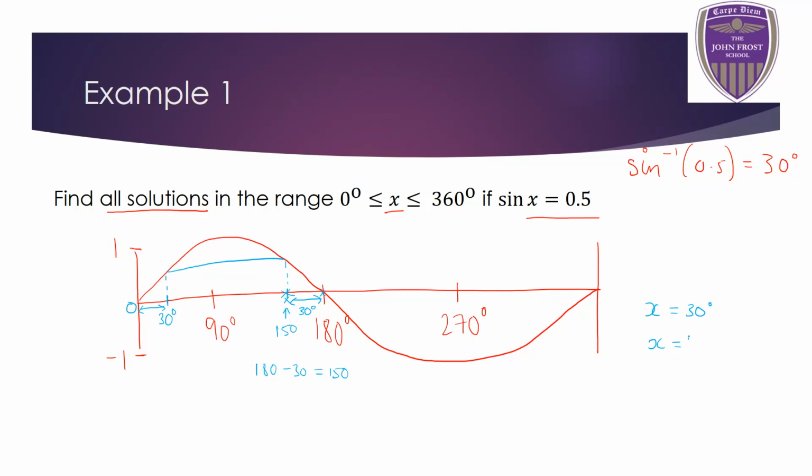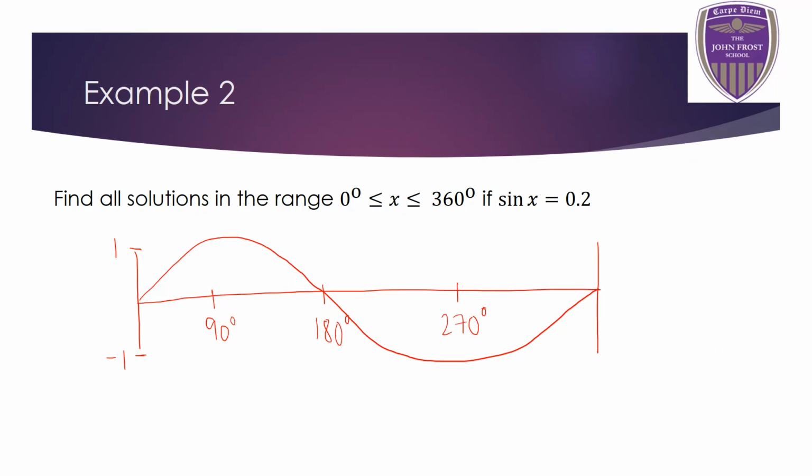So the two solutions are x equals 30 and x equals 150. There are no other solutions in this range because this line continues across and doesn't touch the curve at any other point, so they're the only two solutions.